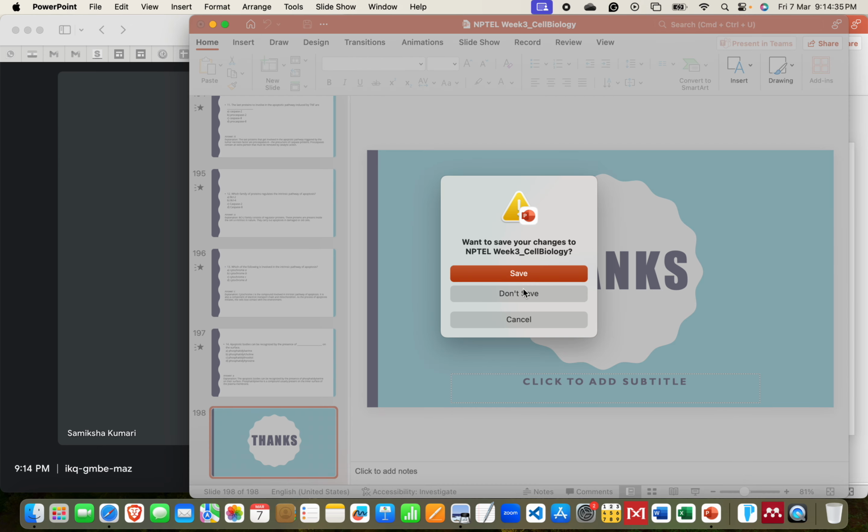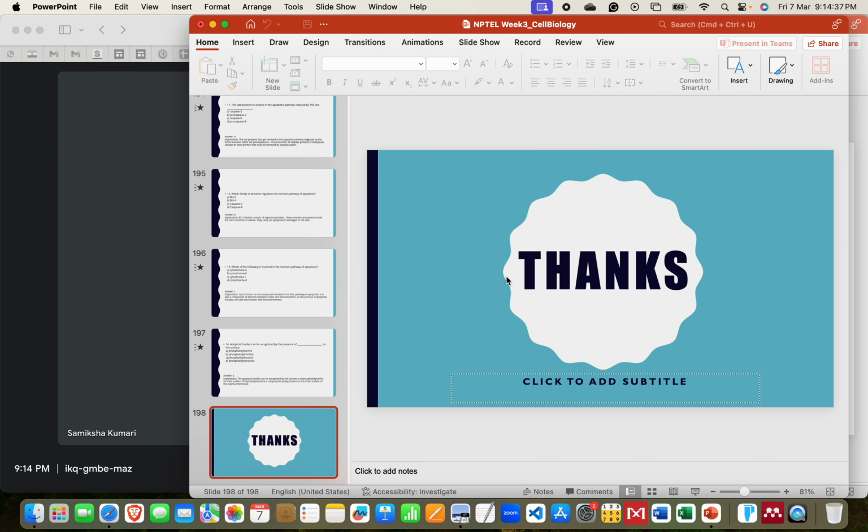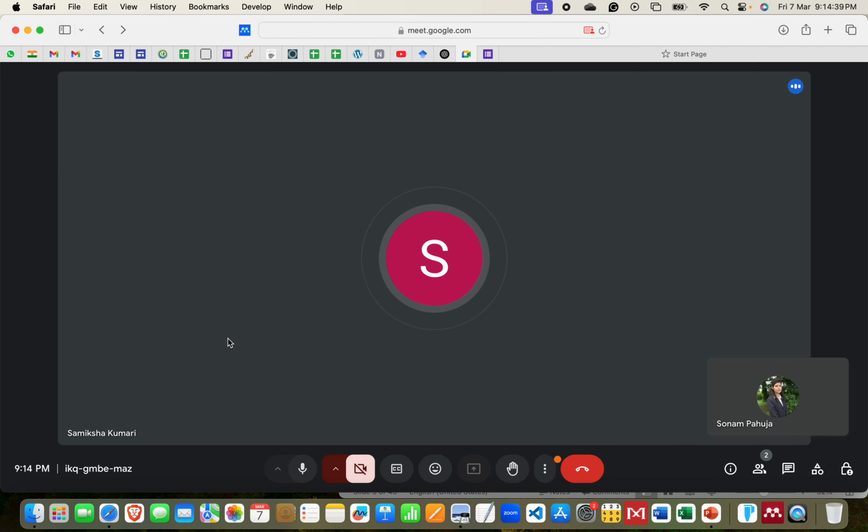Which type of questions can come in CSIR NET? This type of questions can come in CSIR NET, related to cell biology. Caspase is related. Caspases are in apoptotic pathways, extrinsic and intrinsic.